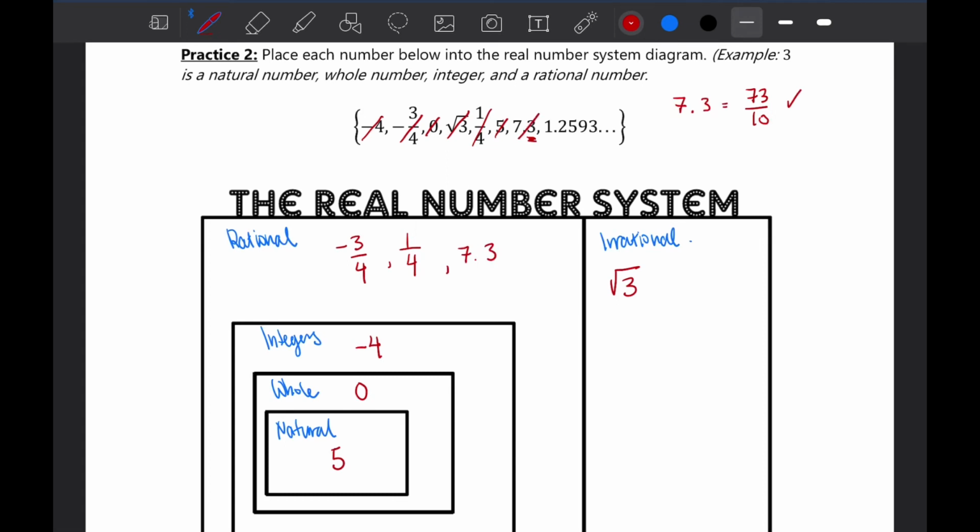Finally, 1.2593 and etc. That 3 dot here just means it's continuing decimal places. So when it comes to a number with decimal places that's non-repeating and non-terminating, we know right away that it's an irrational number. So we can say it's 1.2593 and so on.